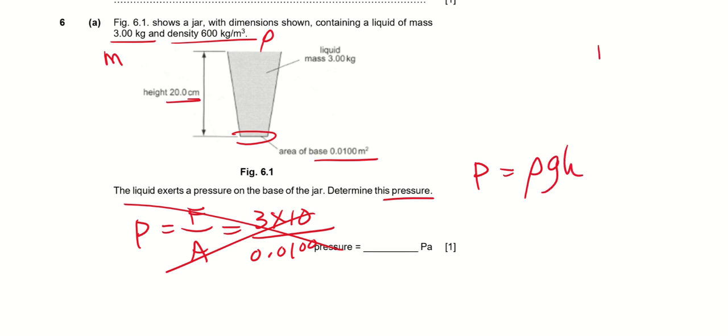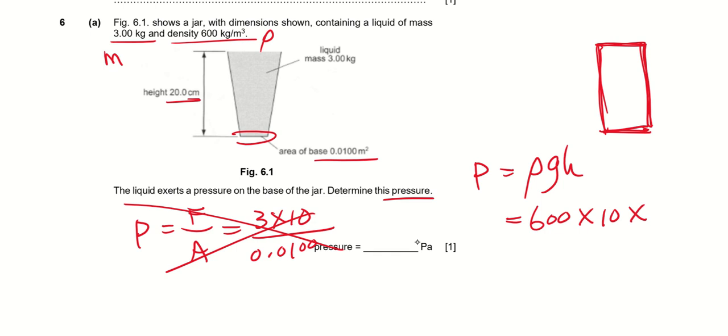If the jar is a perfect shape, cylindrical or rectangular, then we can use P equals F over A. But because this is slanted, we cannot use that formula. So the density is actually 600, g is 10, the height is 20 over 100.